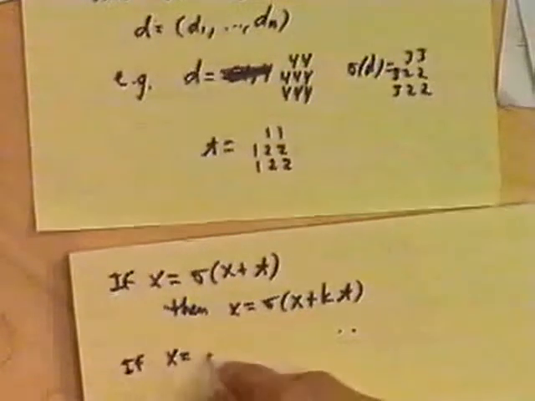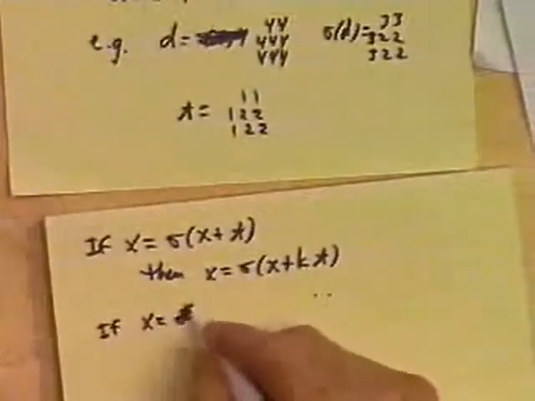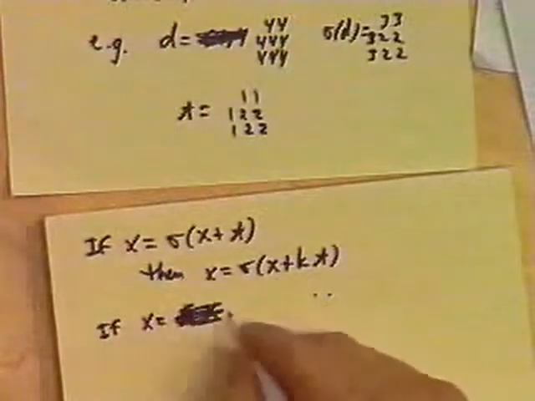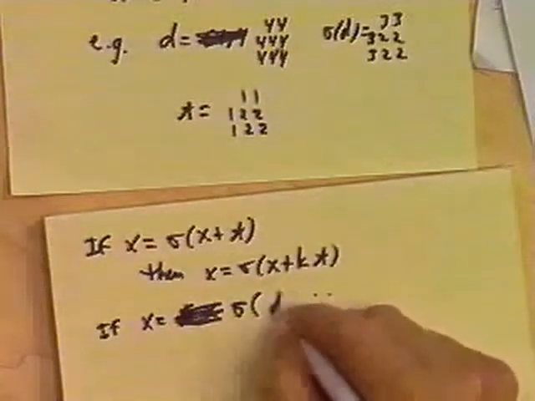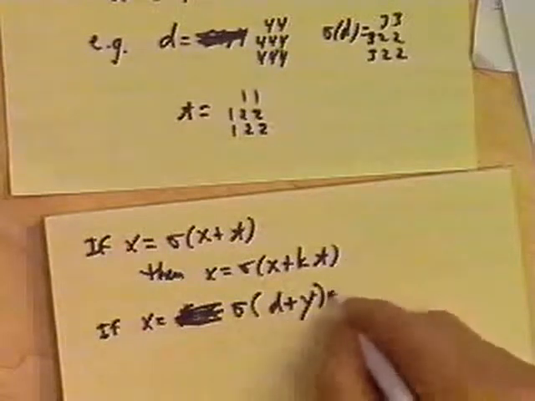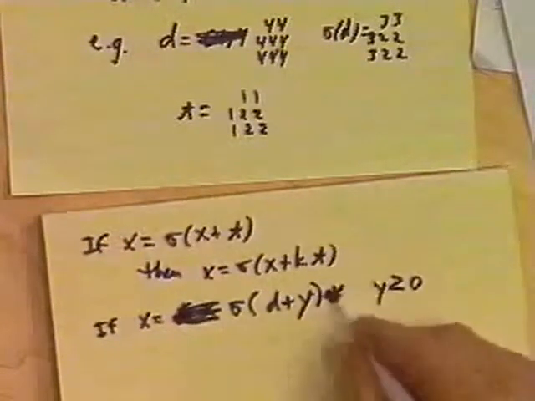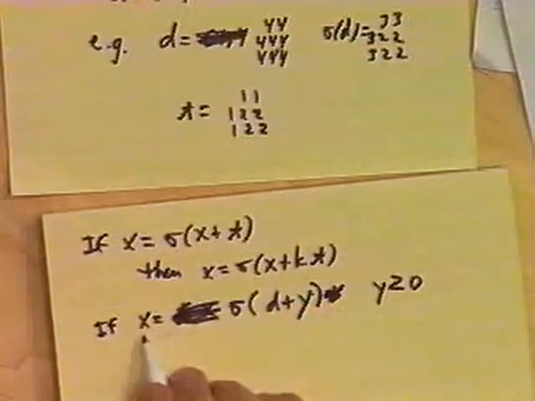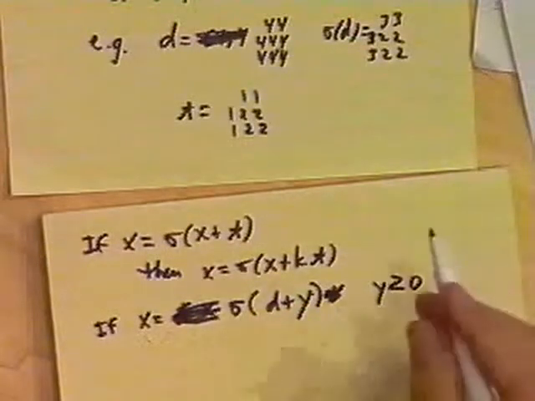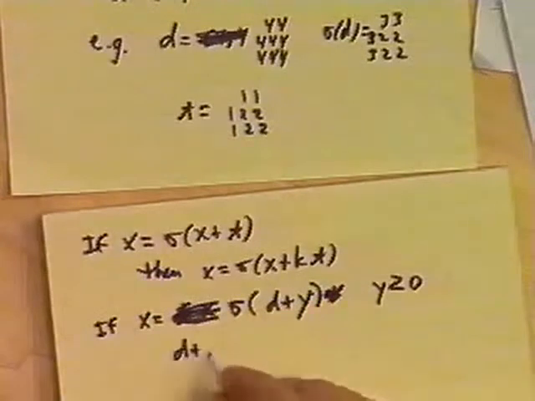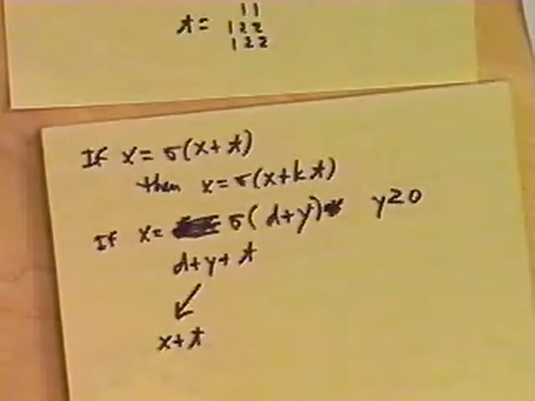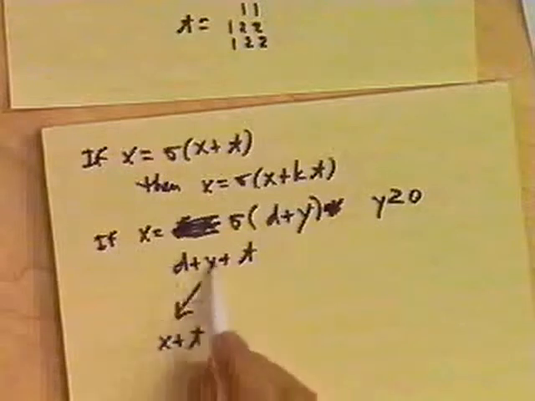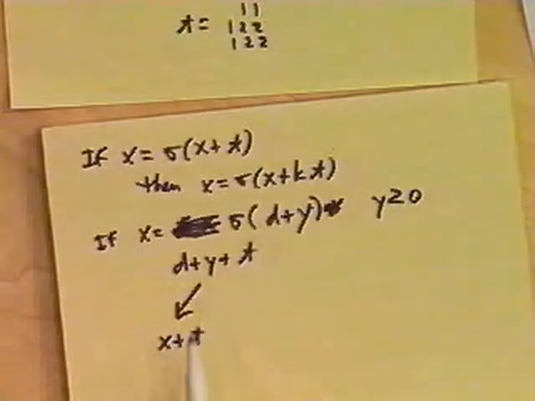Now, conversely, if X equals sigma of D plus Y, where all components of Y are non-negative, then it's a recurrent state. Then D plus Y plus T topples to X plus T, because we know that D plus Y topples to X, and I can leave these T sitting there.